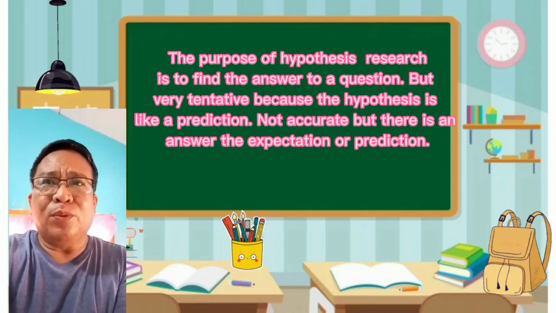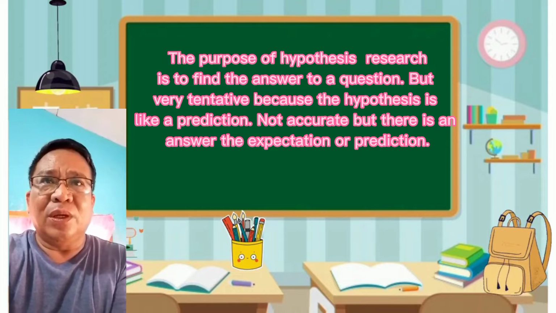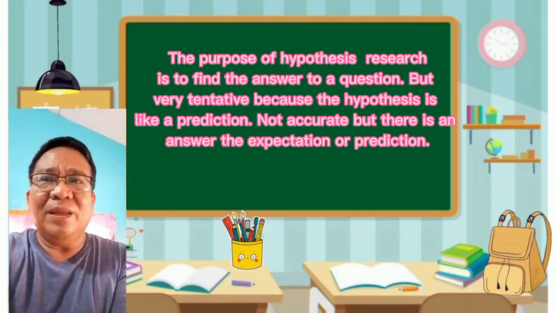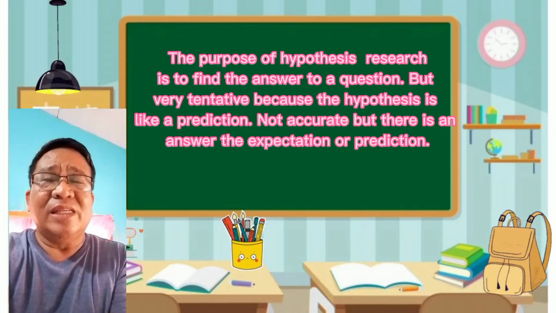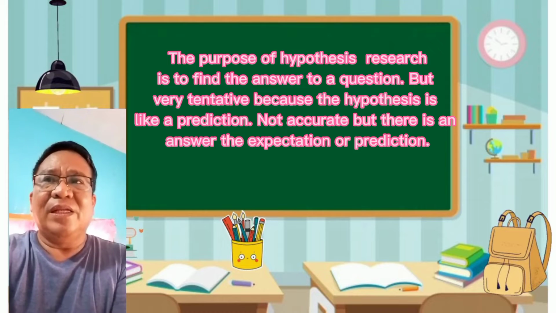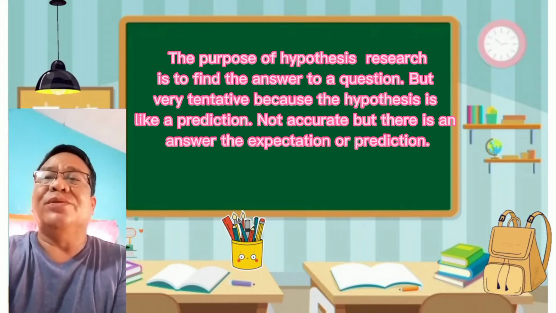The purpose of hypothesis research is to find the answer to a question through prediction, but very tentatively, because the hypothesis is like a prediction, not accurate, but there is an answer to a question through prediction or expectation.